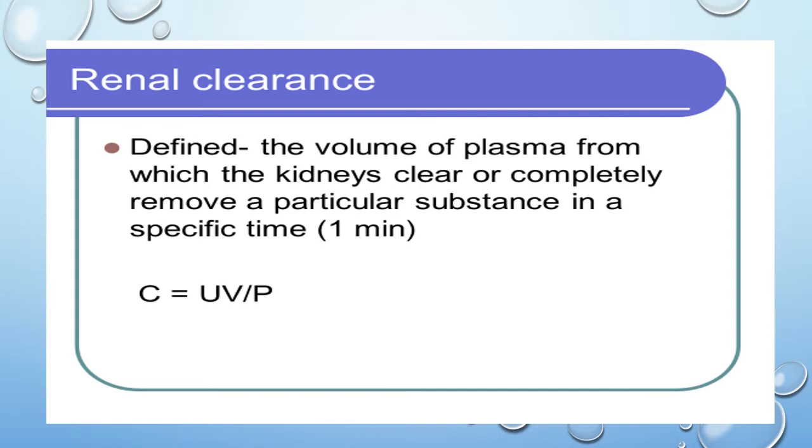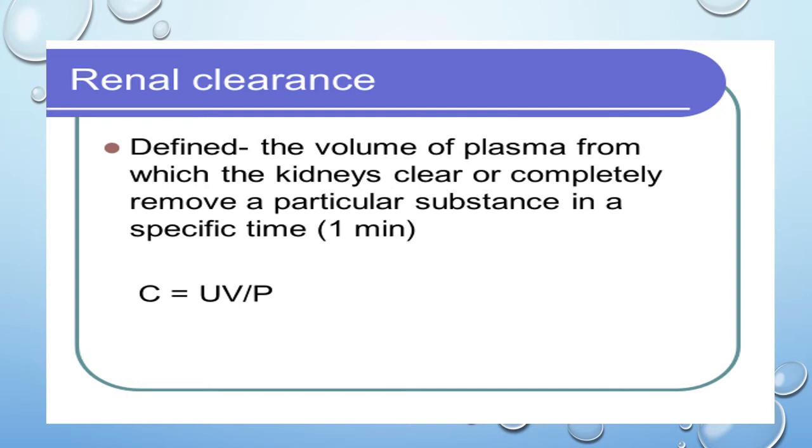It can be anything. It can be amino acids. It can be protein. It can be salt. It can be potassium. So it represents the particular solute we want to measure, the concentration of that thing in urine.